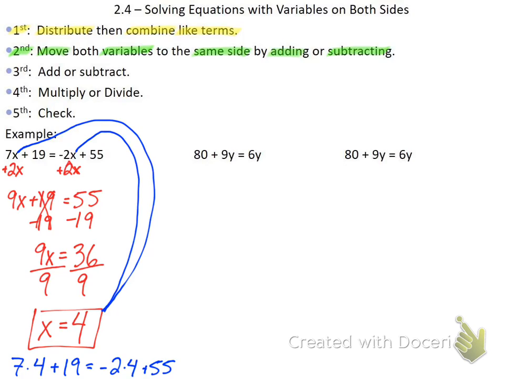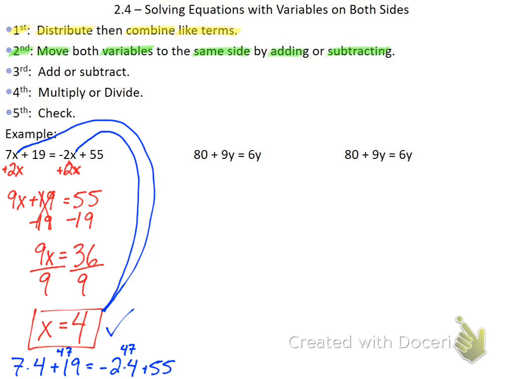When I plug that into my calculator on both sides, I get a 47 on this side and a 47 on the other side. Again, same thing on both sides, so I know that I did it right.